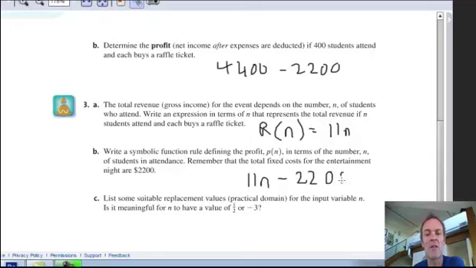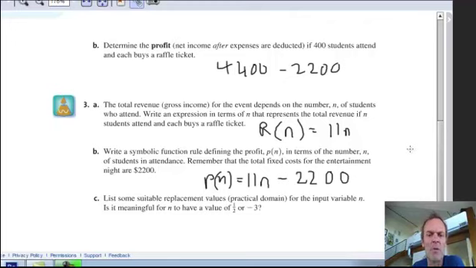So if we write it properly, profit P(n) equals 11n minus 2200. There you go. That's what profit you're going to make: what you bring in from the students, $11 for every student, minus the fixed amount of $2,200. So you need a lot of students. We can always work out later what we need to make a profit.